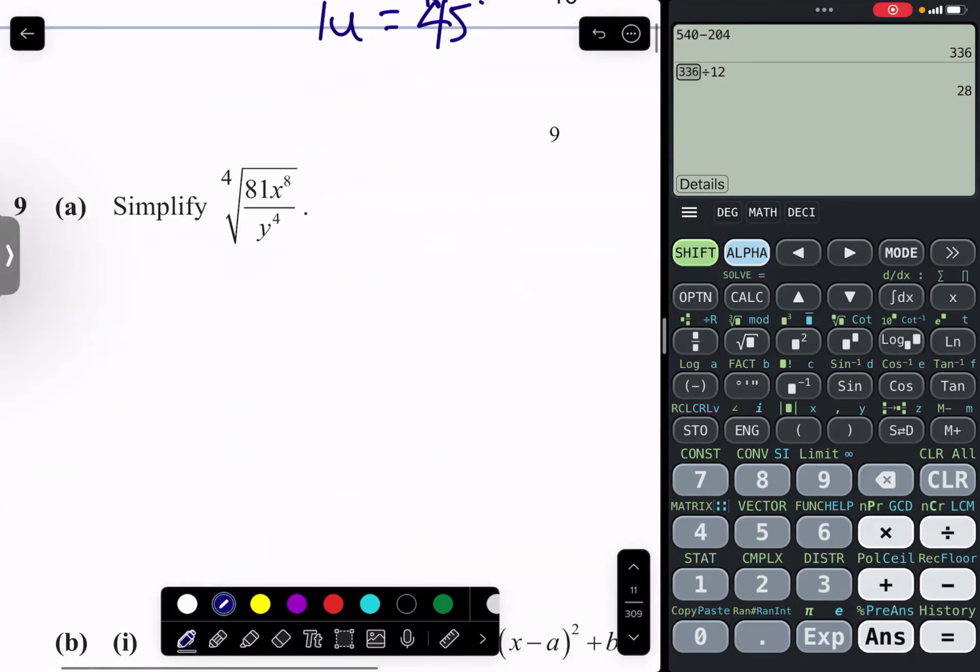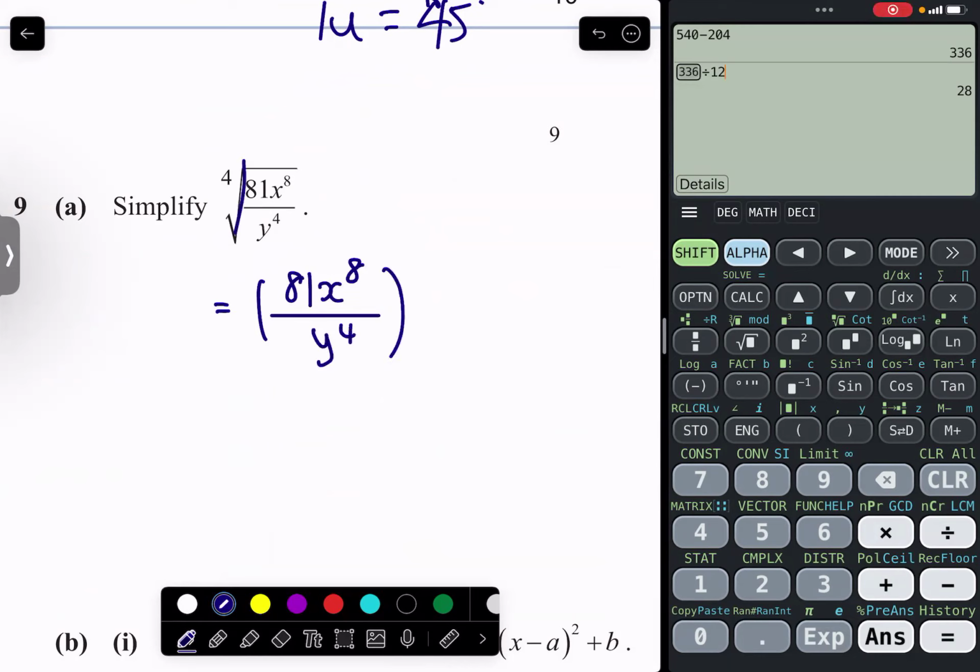Question 9a. Simplify the fourth root of 81x^8 over y^4. When you have the root to the 4th, it means power of a quarter.